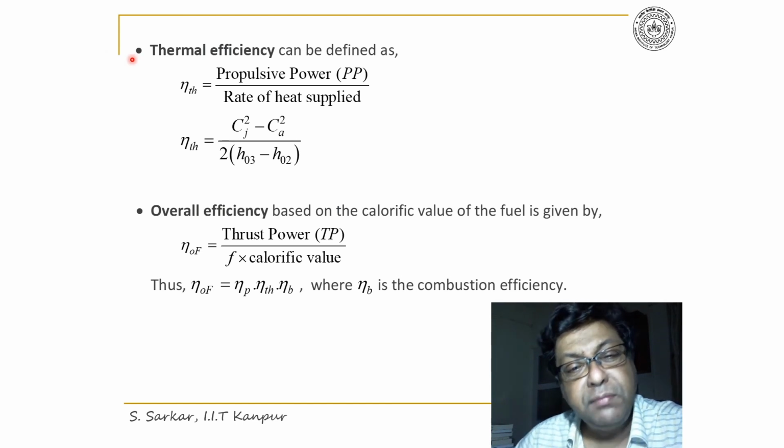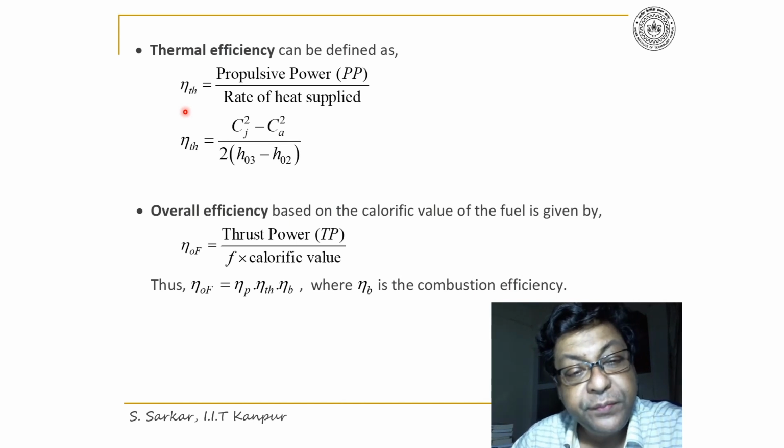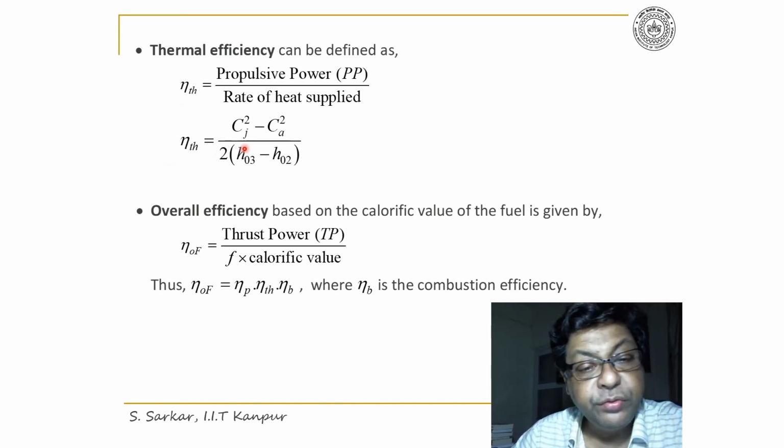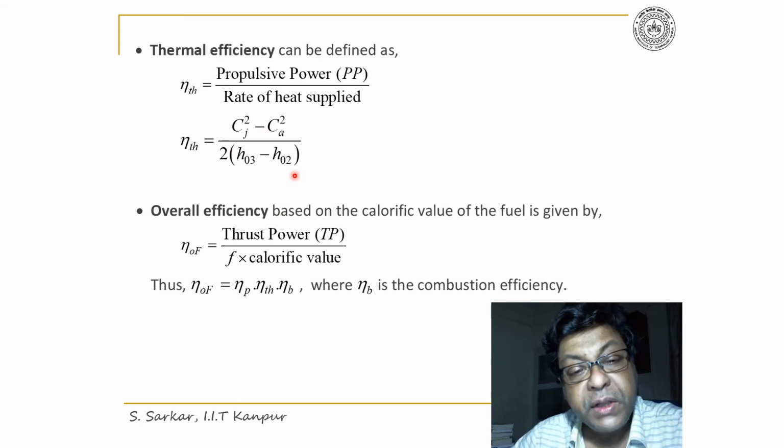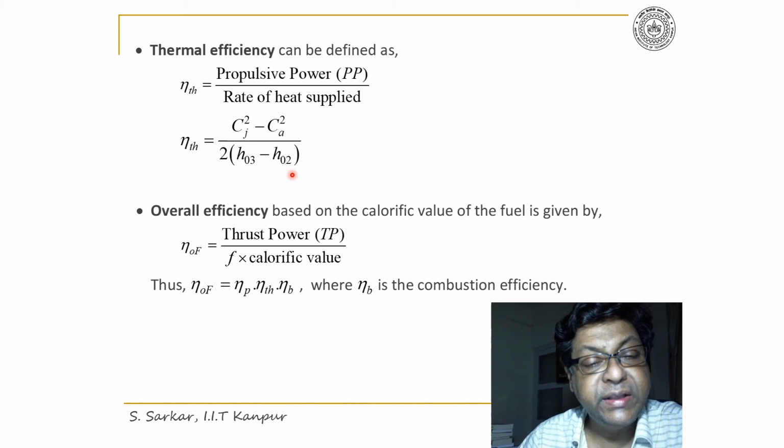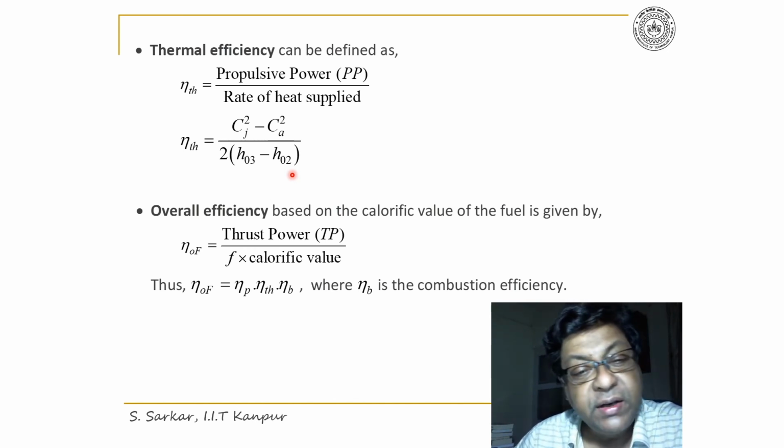Now, the thermal efficiency can be defined as eta thermal is equal to propulsive power divided by the rate of heat supplied in the combustion chamber. So eta thermal is equal to (Cj squared minus Ca squared) divided by 2 into (h03 minus h02). h03 minus h02 is equal to the change of enthalpy while heat is being supplied.